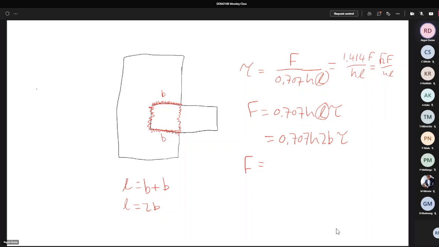The perimeter is the length. The length is going to equal 2B plus 2D. So this is the same as writing it as this. That's my length. I plug it into this equation. What is it going to look like?